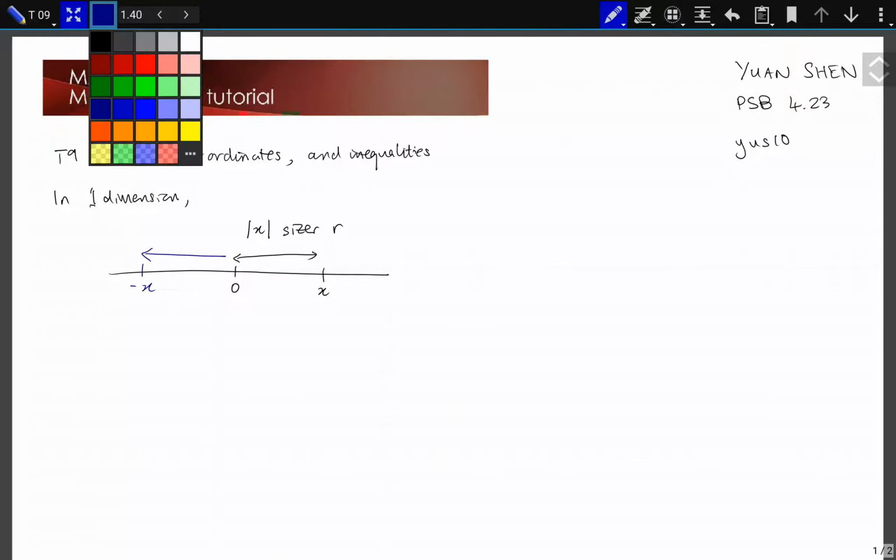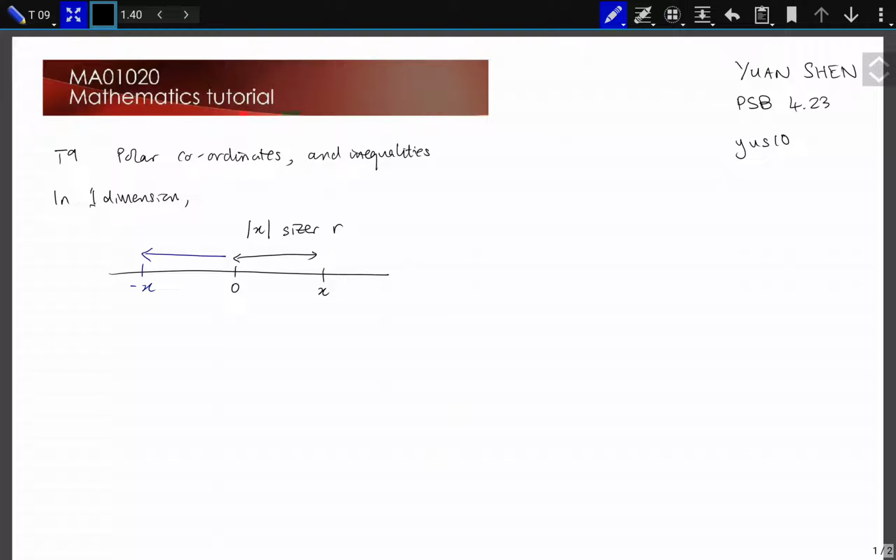I can distinguish these two by thinking of x is equal to, I'm going to write it in a funny way, r, comma, the sign, with a little subscript p for polar. Here the sign is just plus or minus 1, and r is equal to the absolute value of x.